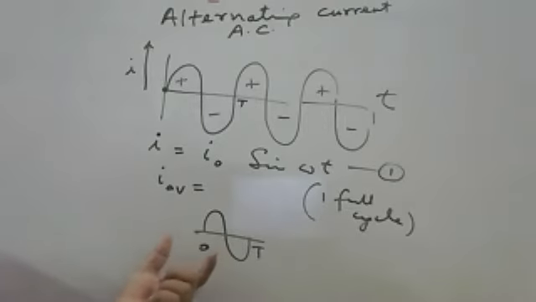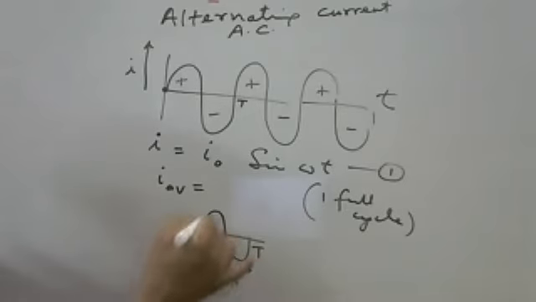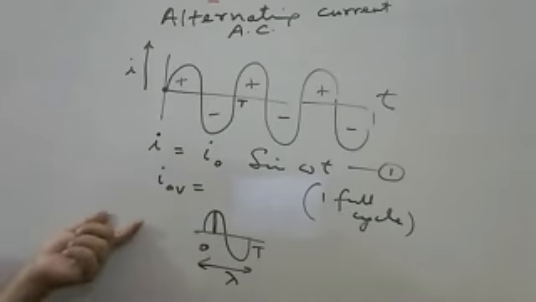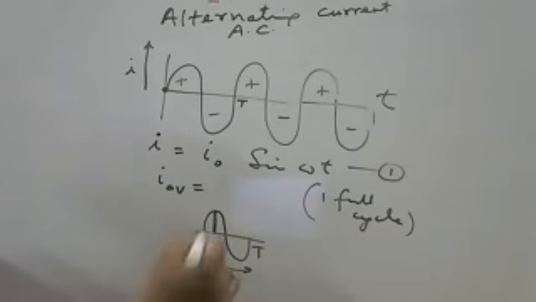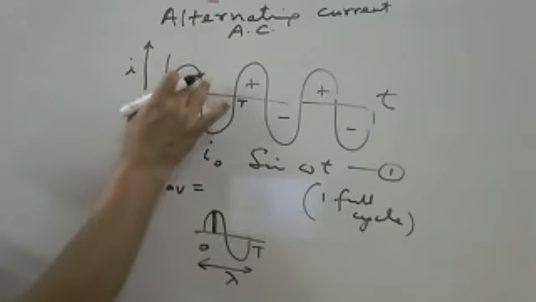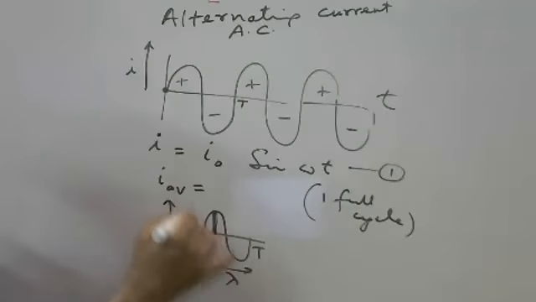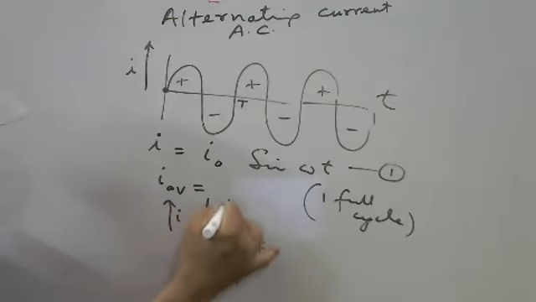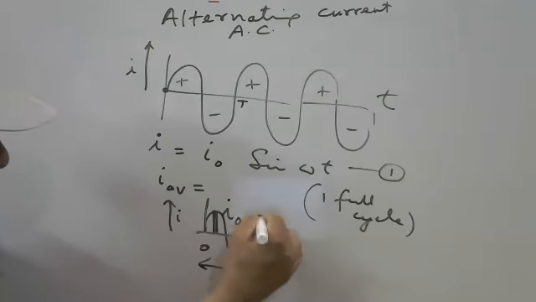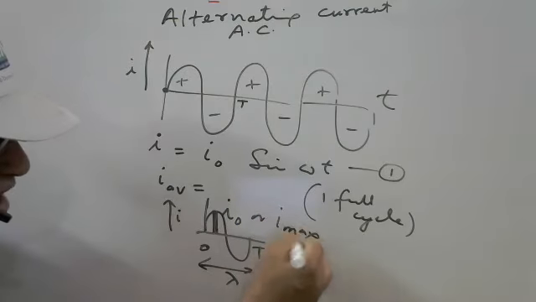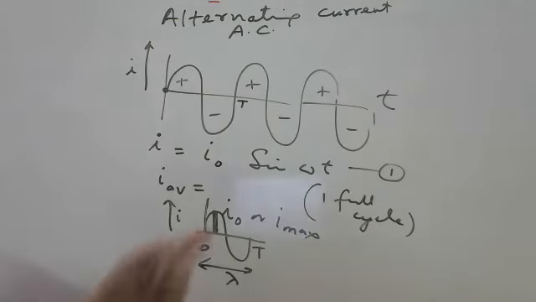Time period means the time in which one cycle completes, and the linear distance is called wavelength. And this is the maximum distance either side from the mean value, it is called amplitude. So this is the maximum value, this is the instantaneous value I, and this is the maximum value. Either you write I naught, or I maximum, or I peak value. This is the amplitude.